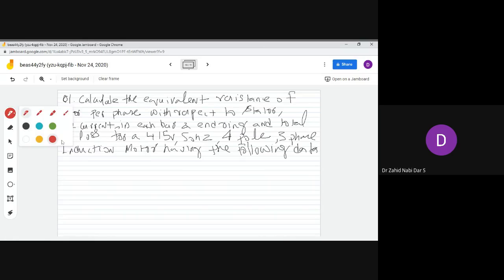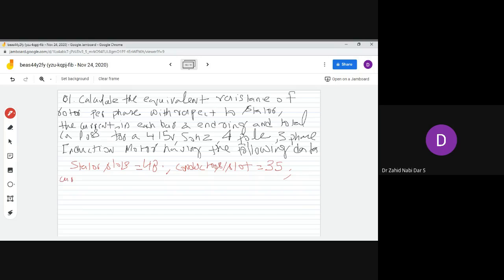Data: stator slots is equal to 48. Conductors per slot is equal to 35. Current in each conductor is equal to 10 amps.